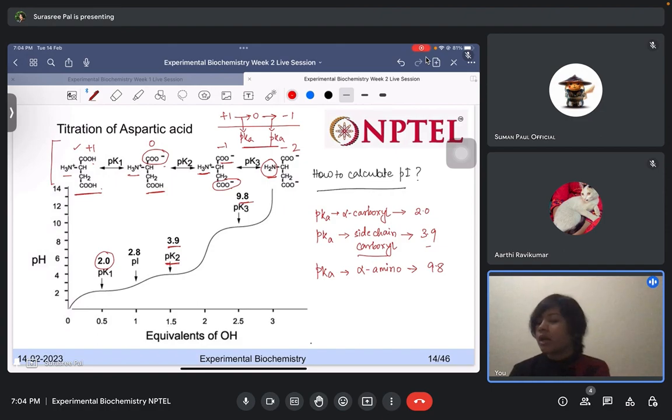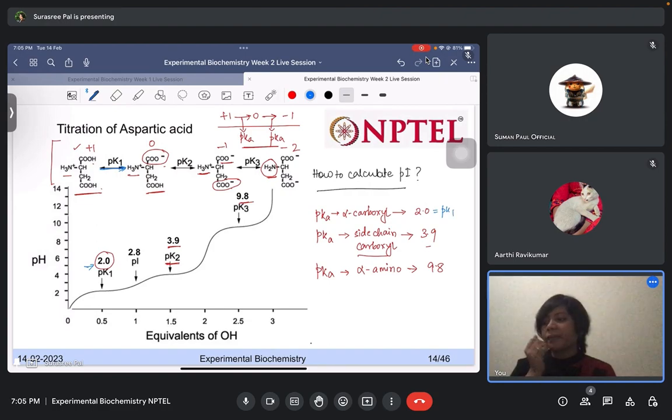Yes, but I'm talking about what is the pKa value. So the first, here you see the first molecule, it has a +1 charge, right? And after this pH pK1, pK1 is what? pK1 is 2, right?